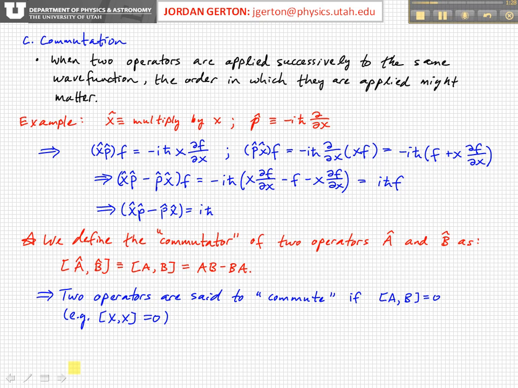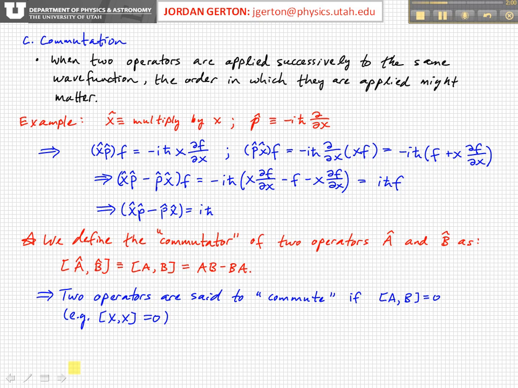If the commutator is 0, we say these two operators commute, and that means it doesn't matter which order you apply them in, and that means that they're somehow independent. Even more deeply, it means that you can actually measure these two quantities simultaneously without any limitations on their mutual precision.